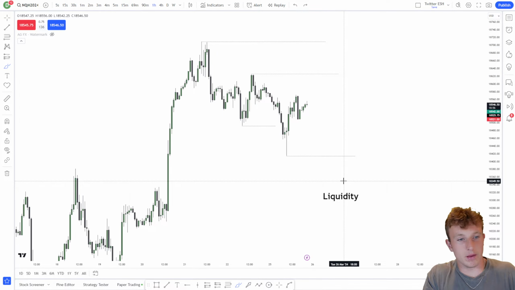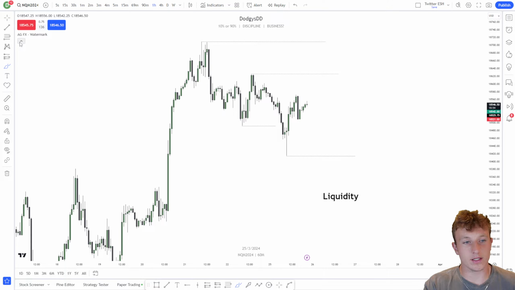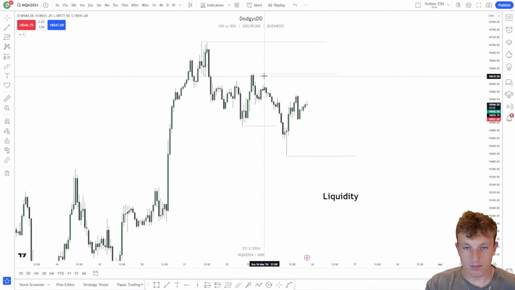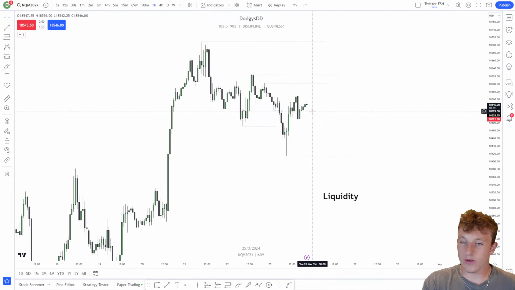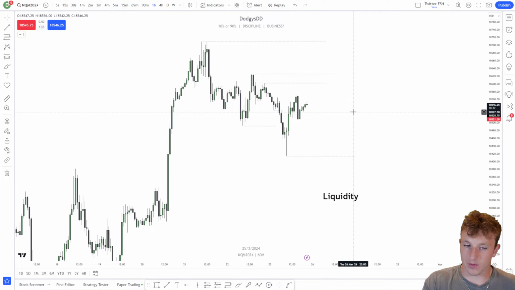So the basic understanding of what liquidity is: it's basically just every single high and low you see in the market. It's not just random highs, it's every single high and low you see. Why do we need to understand liquidity? Because it's how you're going to enter positions, and it's how you're going to find reversals.